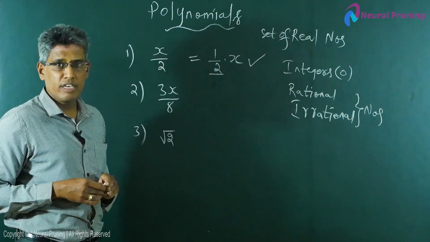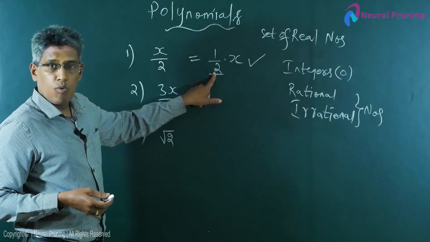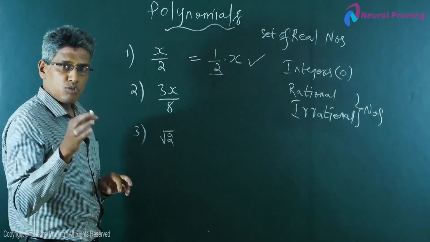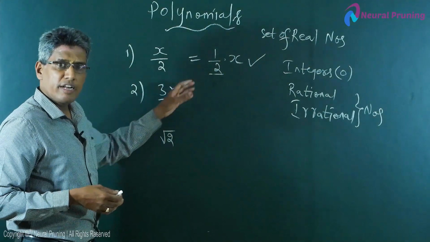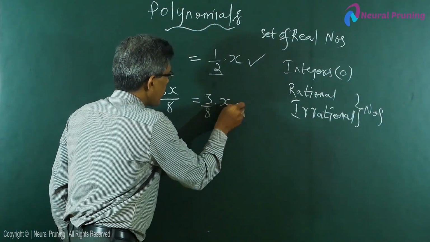Coming to the second example, if you have understood why the first example qualifies to be a polynomial, you will appreciate that this is a similar example. This is 3 by 8 into x.